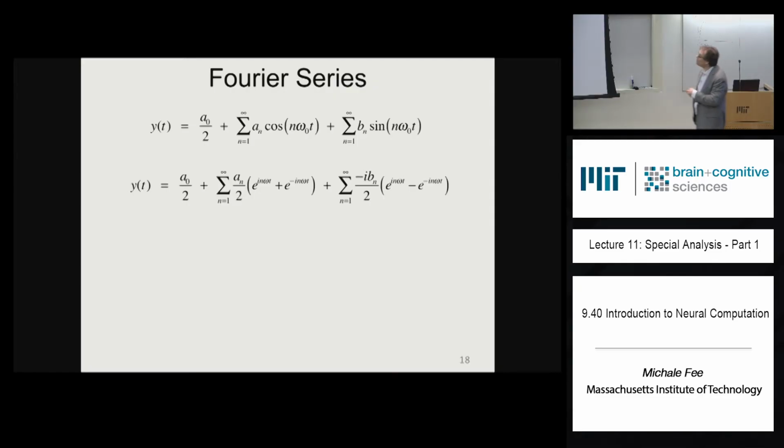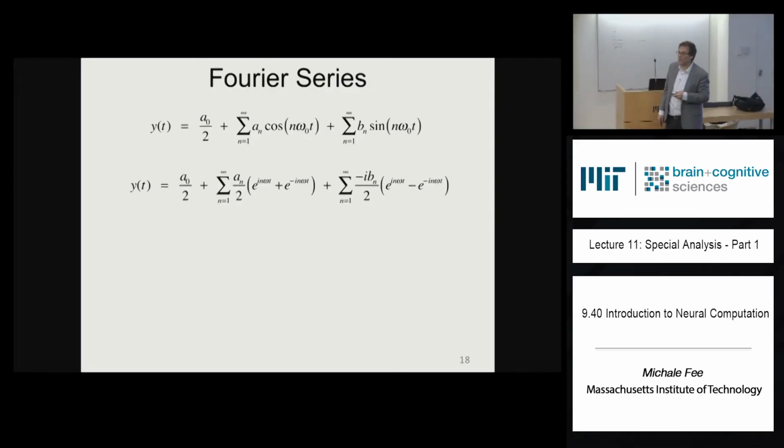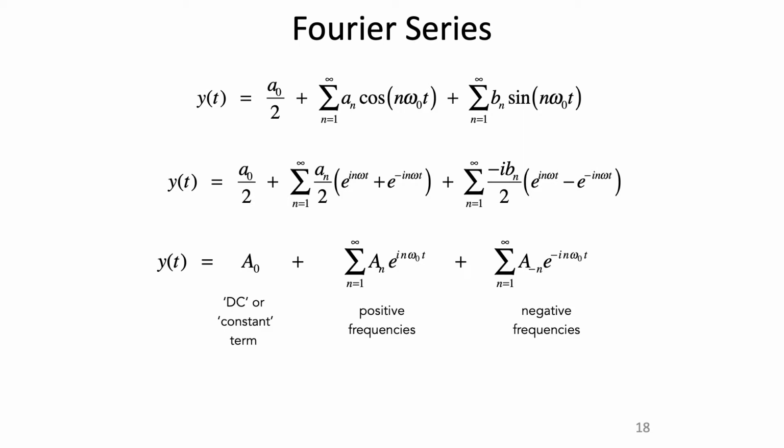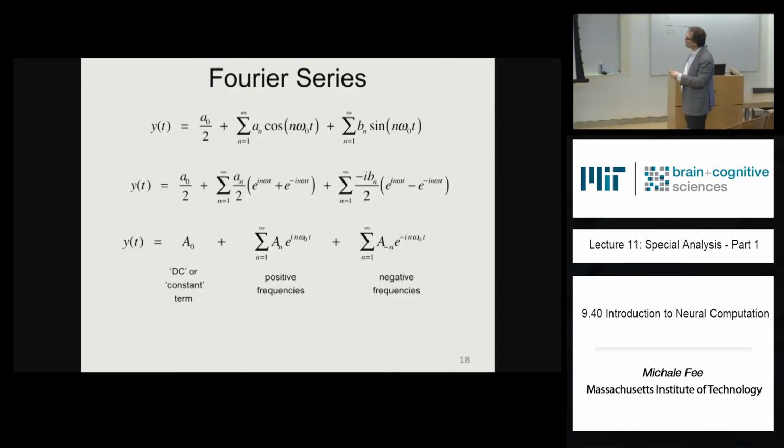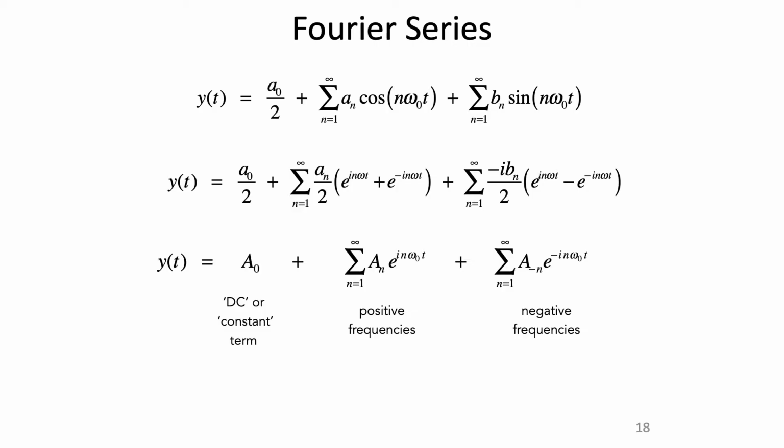And now we're just going to do some algebra. And we're going to collect e to the I omega t's and e to the minus I omega t's together. And this is what it looks like. So you can see that what we're doing is collecting this into a bunch of terms that have e to the positive I n omega naught t here, and e to the minus I n omega naught t there.